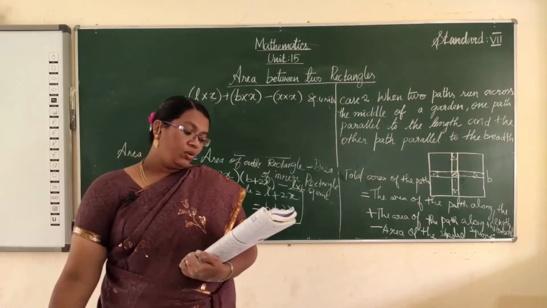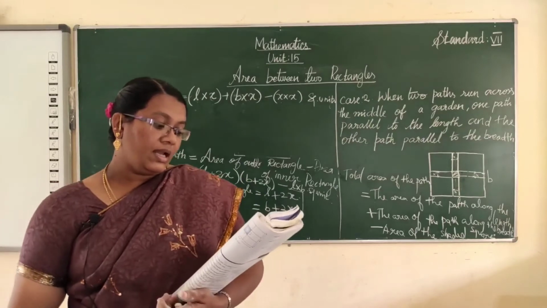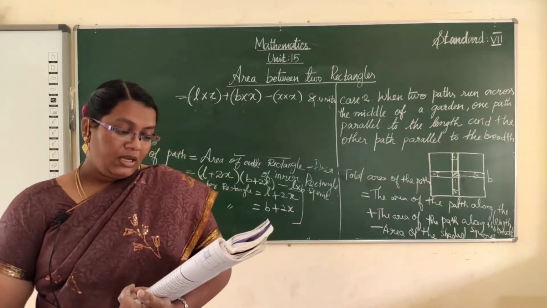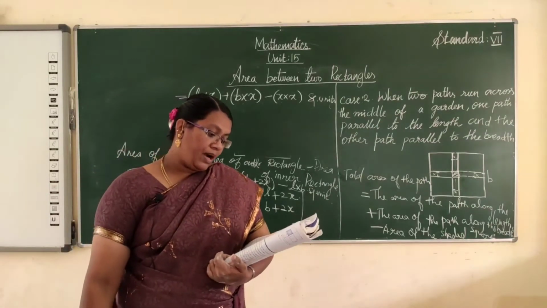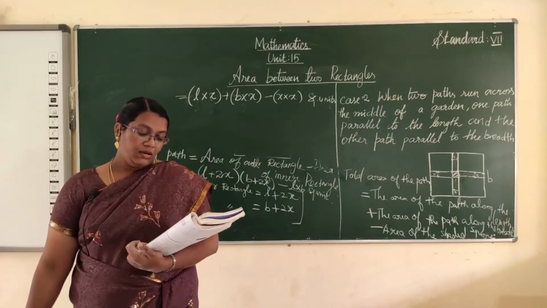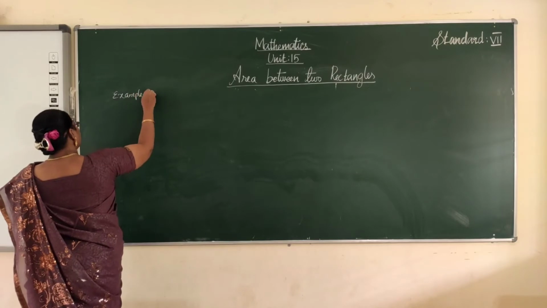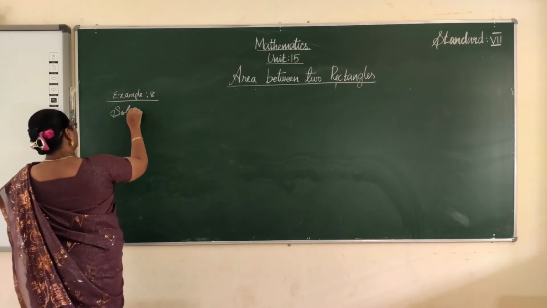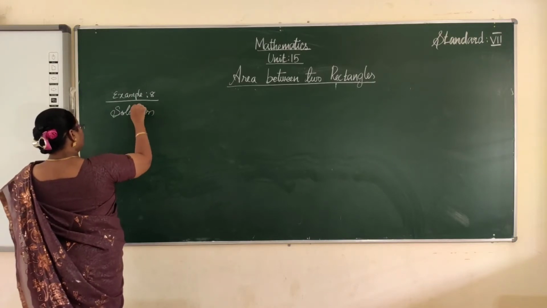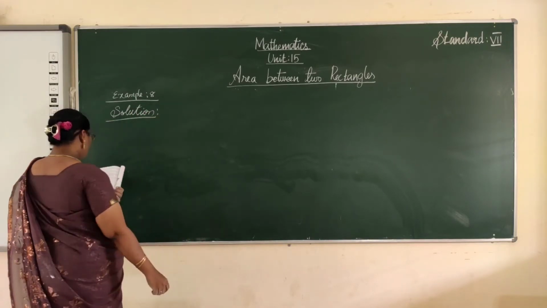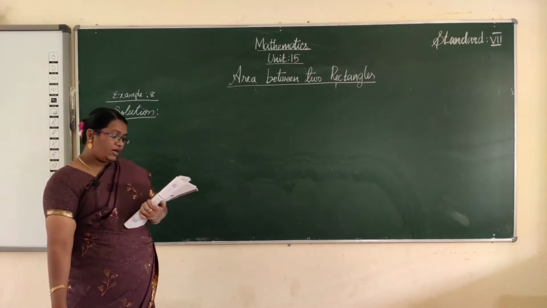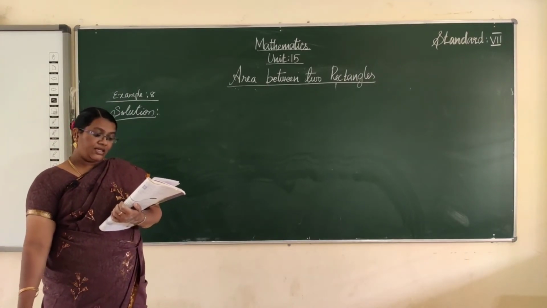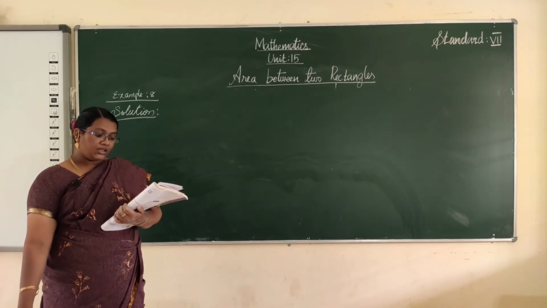A path 2.5 meter wide is running around a square field whose side is 45 meter. Determine the area of the path. Solution.